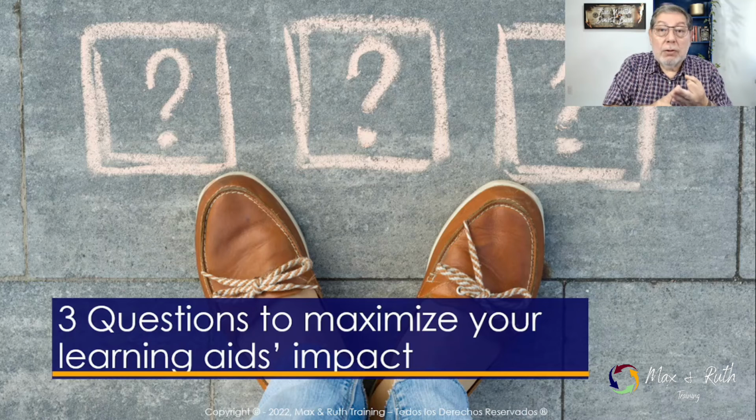And what will he or she do after interacting with the learning aid? If you are able to answer those 3 questions for any learning aid that you might use in your courses, then we are sure that you will maximize the impact of that learning aid. So those are the learning aids that you can use and how you can maximize their impact on your participants.